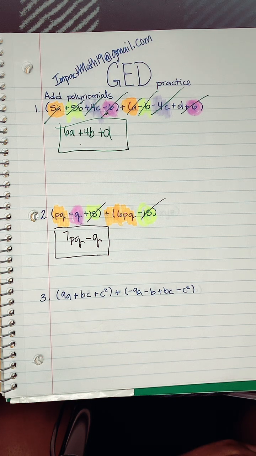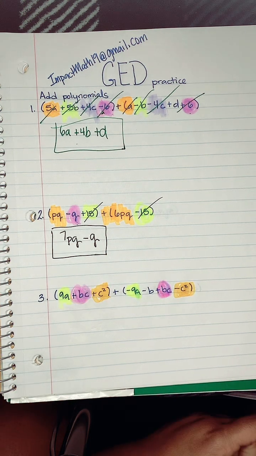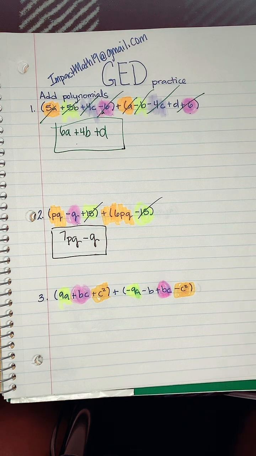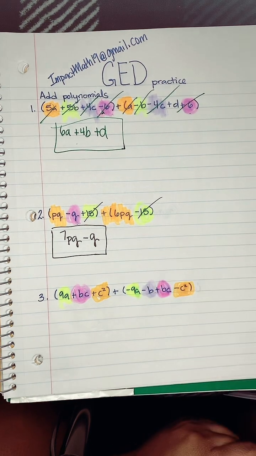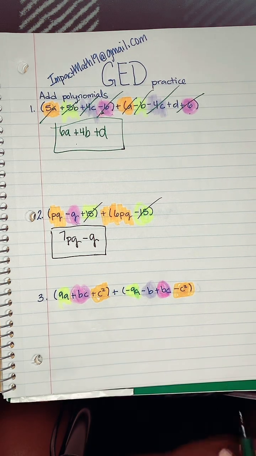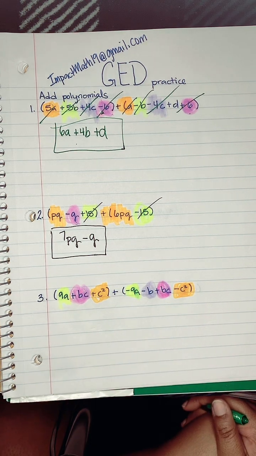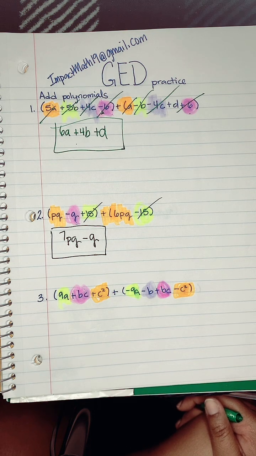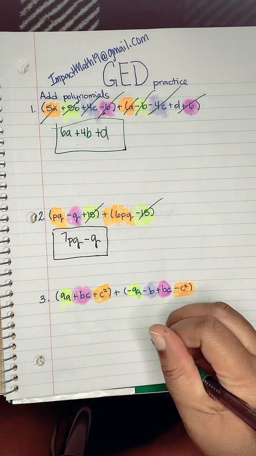Okay, squared. And this lonely guy right here, a negative b. So, what do we get here? Negative b plus 2bc. 2bc minus b. Beautiful. Let's talk about that.